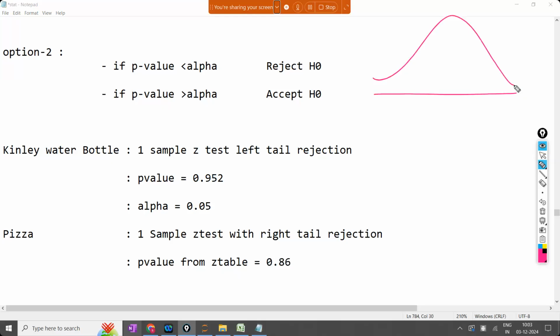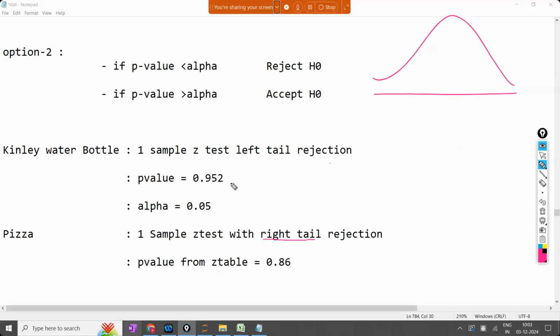Do you remember in descriptive statistics we discussed this? It always gives the left side area. When it gives the left side area, how do we calculate the right side area? 1 minus. Why right side area, sir? Right tail test, right side area only we stick to for now. For a left tail test, the area you are going to get is the left side area only.